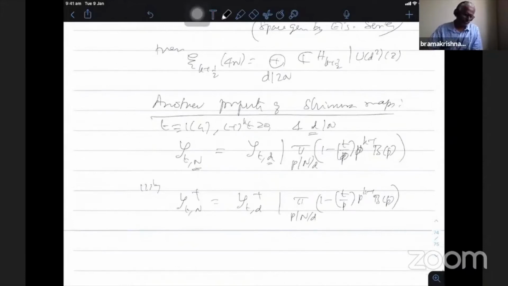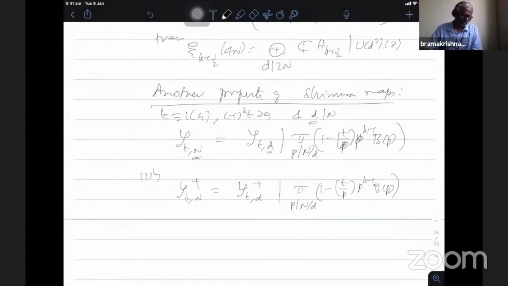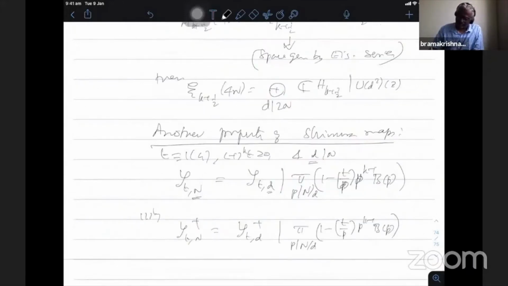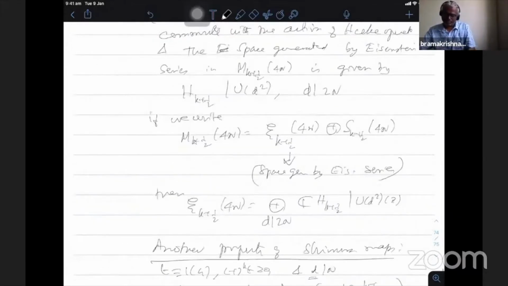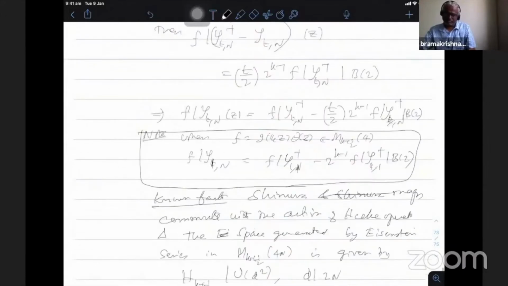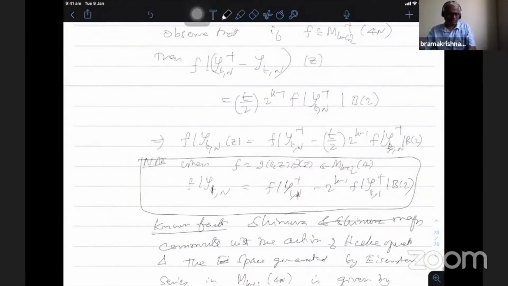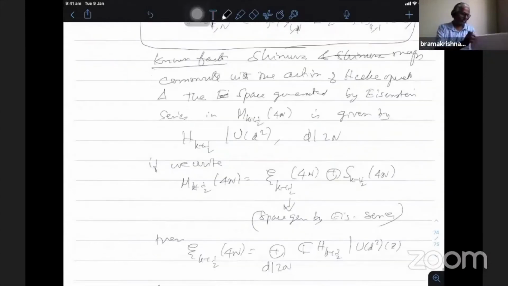So using the above decomposition and the above property, because of this relation, S_{t,n}^+ is S_{t,d}^+ on duplication. Therefore, I can just apply it on this Eisenstein series, and I know that S_t^+ is mapping H_{k+1/2}^+ to E_2k, and also one has to use this property, the relation between the plus and n, then you get a duplication. So let's see whether I have done it, or otherwise you can just follow it as it is.